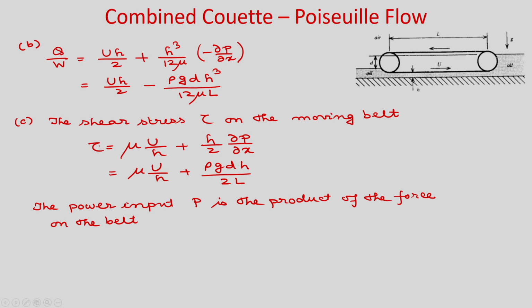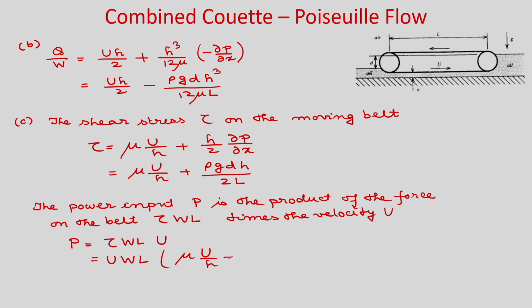Obviously, it will be tau into area, so tau into W into L, times the velocity U. So, P will be tau W L, that is the force, into velocity u. The tau expression is this one. So, if you put it here, you will get u W L times mu u by h plus rho g d h by 2 L. So, this is the power input P.